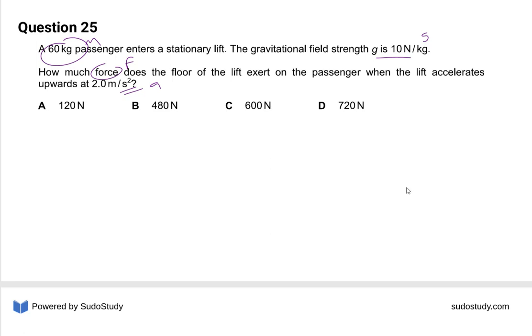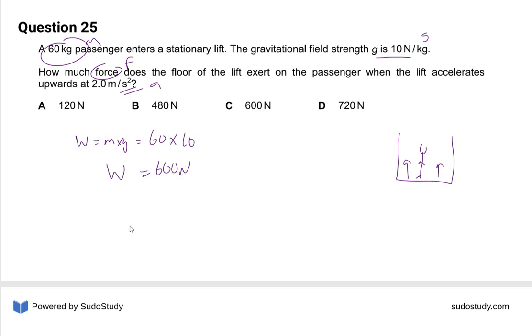Now remember when you go in the lift, and when the lift starts to go up, you feel heavy because the floor is also pushing onto you. First of all, I want to work out how heavy you are going to be. So mass times g, 60 kg times 10, so therefore 600.